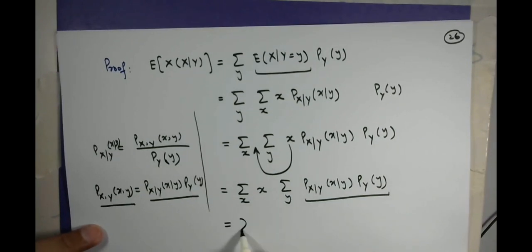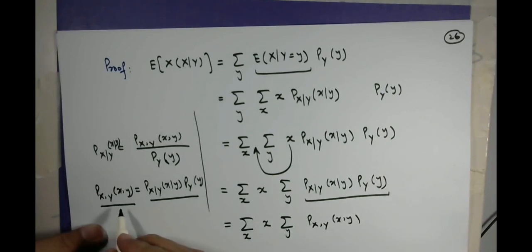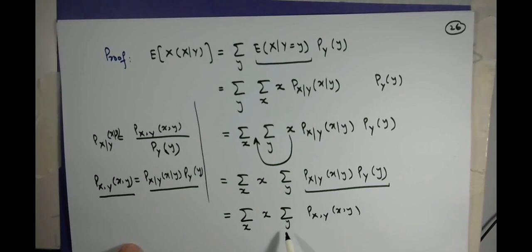Okay, so now I can write it as summation on x times summation on y, and all this is nothing but p sub x comma y of x comma y, the joint distribution through our older formula. And you already know that when you sum the joint distribution on a variable, you get the marginal distribution on another random variable.